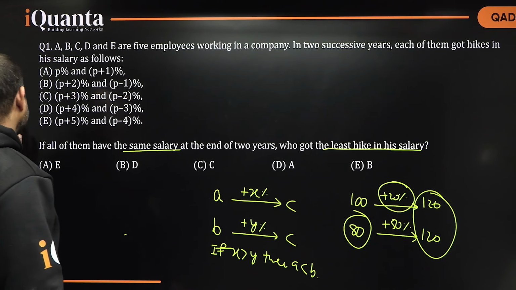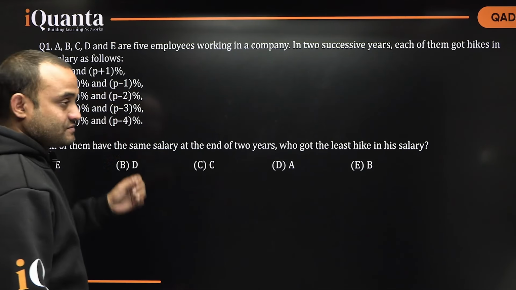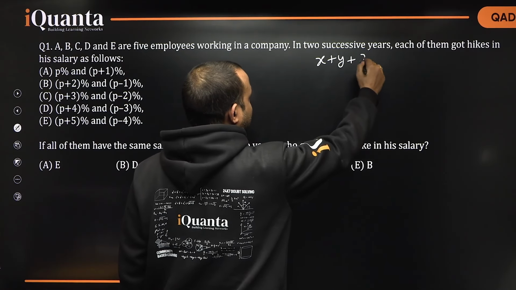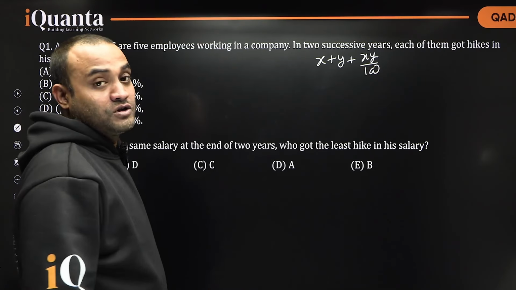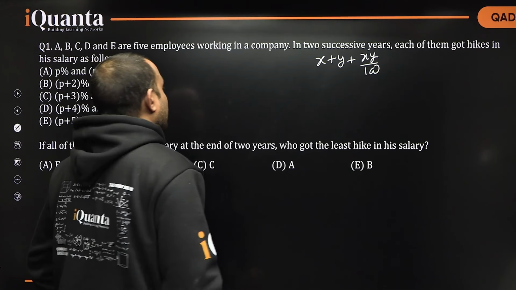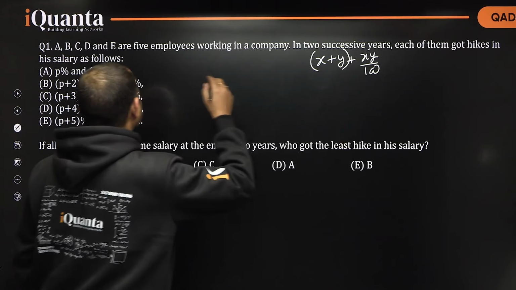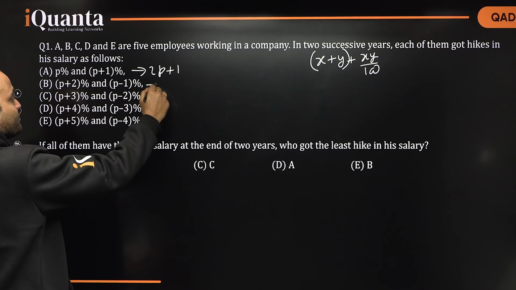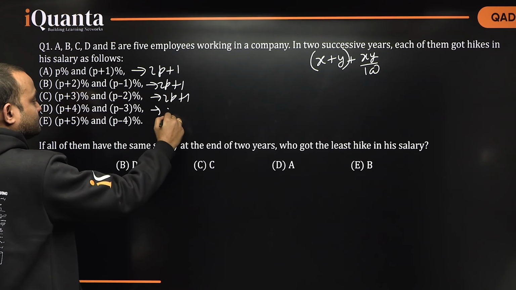So in that situation, one more thing: if we have 2 successive changes, X and Y, the overall change will be X plus Y plus XY upon 100, right? This will be the overall change. So let's see, in each case, if you check this X plus Y portion, the sum of these two is becoming 2P plus 1, 2P plus 1, right?